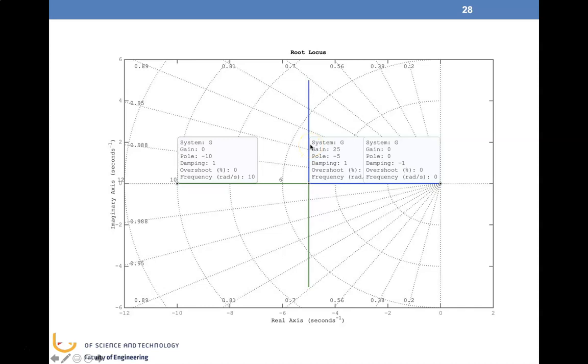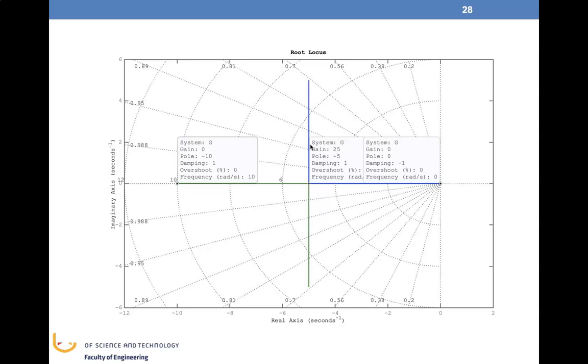Now, if you focus on the underdamped region, you will observe that regardless of the values of the gain, the real part of the complex conjugate remains the same. Since the settling time is inversely proportional to the real part, it means that for the second order system, the settling time will remain the same for gains above 25.